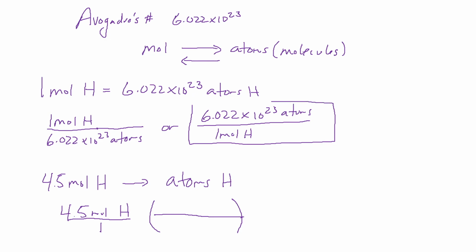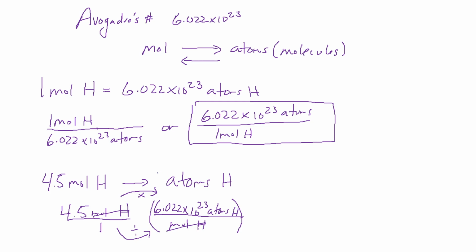The conversion factor here on the right will do that for you: 6.022 times 10 to the 23 atoms of hydrogen is a mole of hydrogen. When we set up dimensional analysis like this, we multiply on top and divide by what's on the bottom. We covered this in an earlier video. Maybe I'll put a link up here so you can find it. But basically, that's going to cancel out our moles.